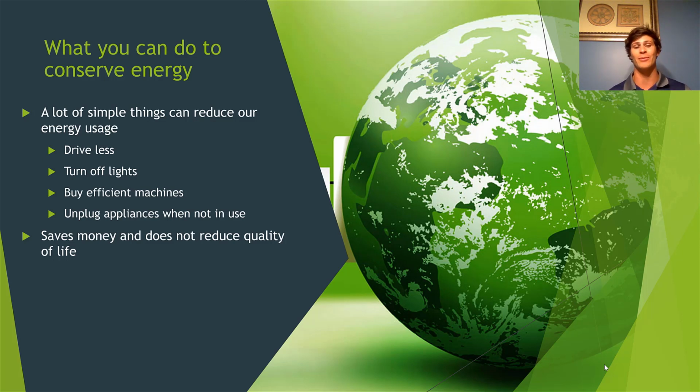That's something that not a lot of people know. Now, not only does this save us money because it's going to lower our power bill, this also doesn't even reduce our quality of life. Just being a little more conscious about where we could be less wasteful in terms of our energy usage can increase the extra money in our wallets at the end of the month, and it limits our CO2 output.